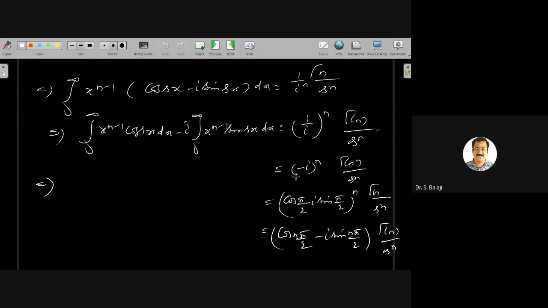1 by i is generally written as minus i. Now this minus i power n, you have to get this i inside.